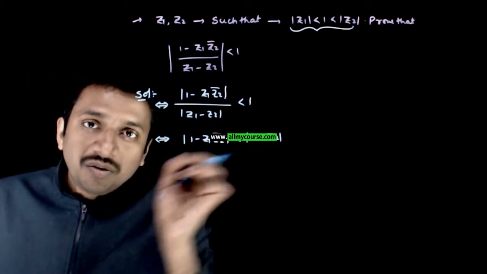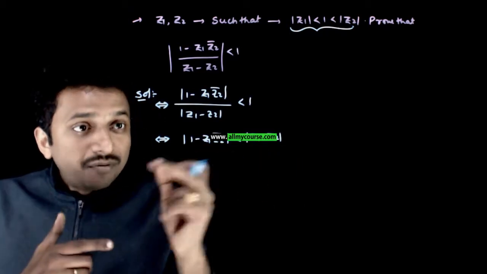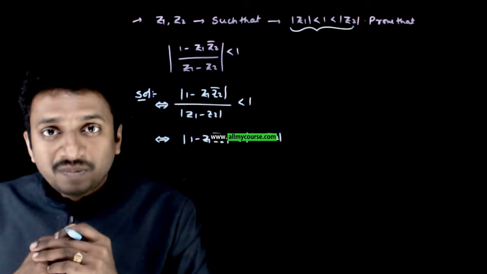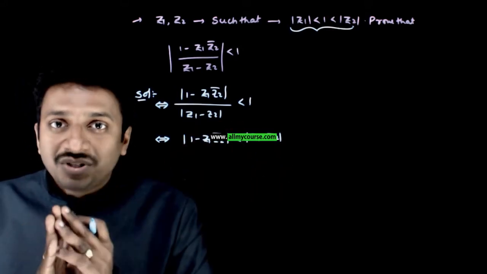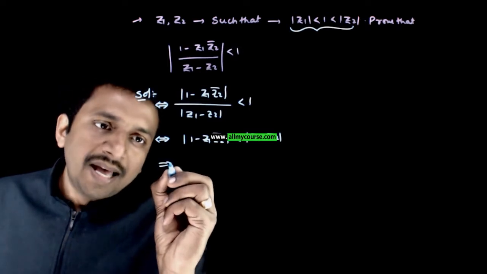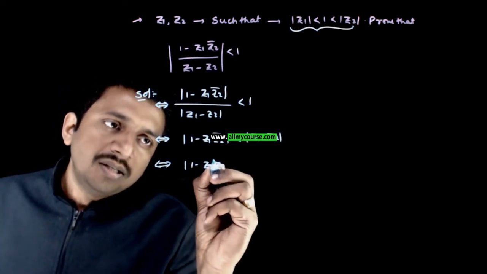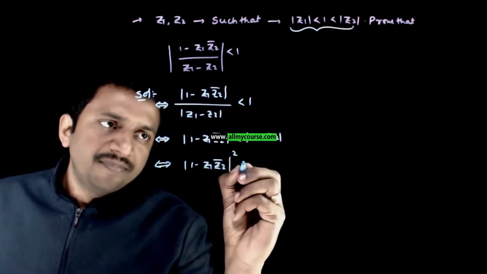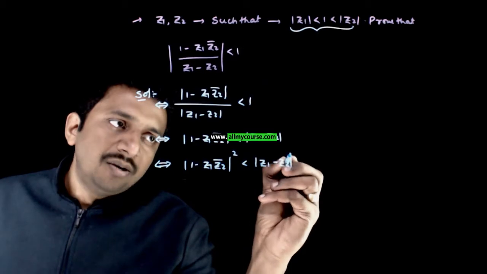Because both are positive quantities and one is less than the other, the square of this has to be less than the square of this. This will not be valid if I am not sure that both are positive numbers. So this implies modulus of 1 minus Z1 Z2 bar whole square is less than modulus of Z1 minus Z2 whole square.